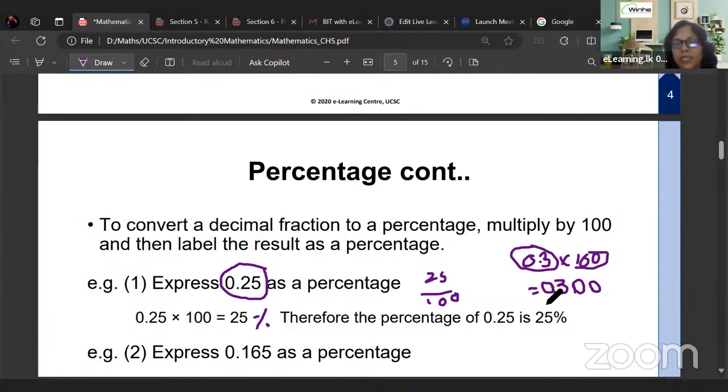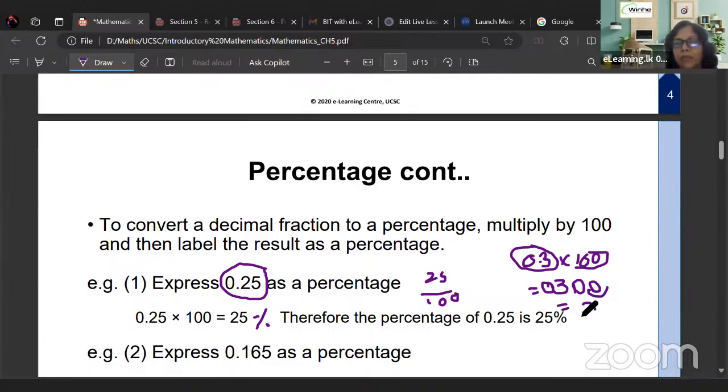Now the number is 300, right? This zero is not a significant value, as we learned about significant values. So we get 300. Now how many decimal places are here? Only one decimal place, right? Then you can put one decimal point here.